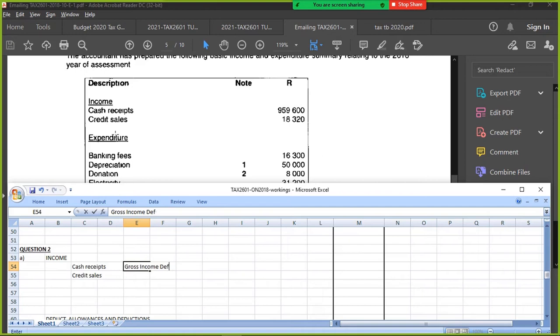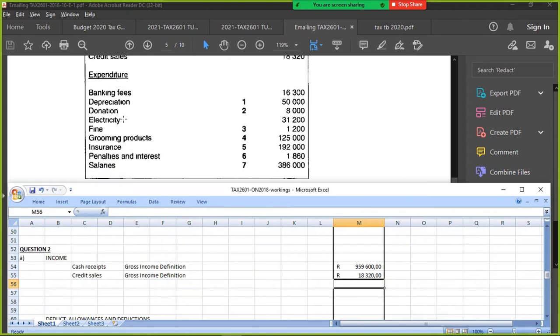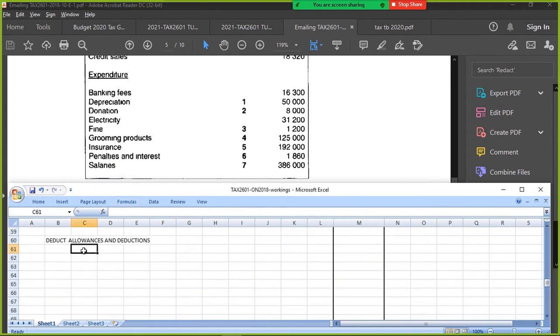Just to revise a bit of that. Okay, so if something meets the definition of gross income, it will be included. Remember that? Yes. Okay, so those 2 are easy. And then obviously the expenditure, there's obviously notes here, so some you'll have to deduct or change or alter, and others you won't. So let's just write them all in.